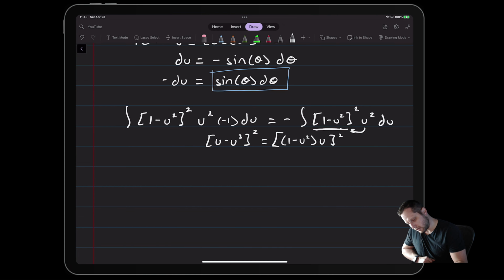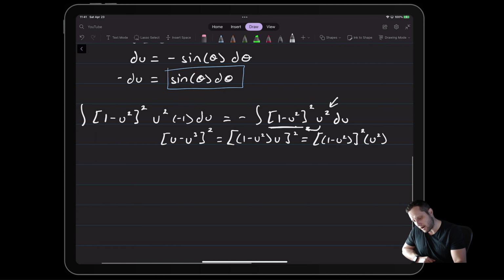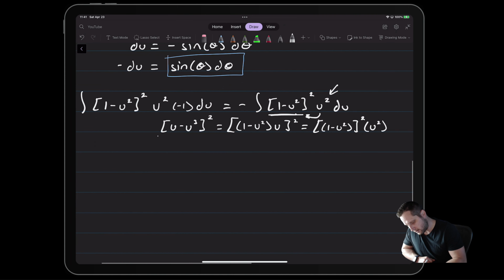And this is the same as 1 minus u squared, all squared, times u squared, right? So I'm just going to bring this u back in, recognizing that I have to drop this power down to 1 because it was previously 1. And then when we squared it and pulled it out, we got the square, right? So I'm going to insert this term in for that whole product, right?